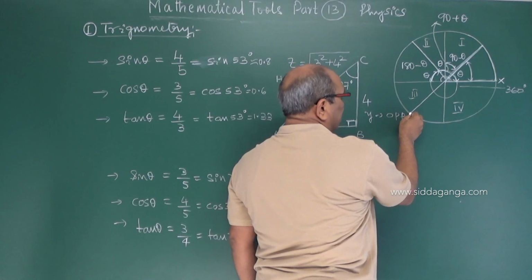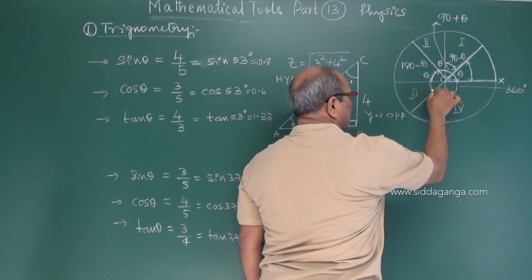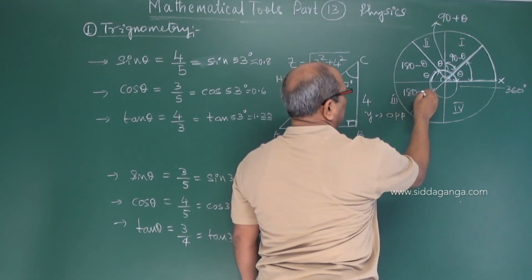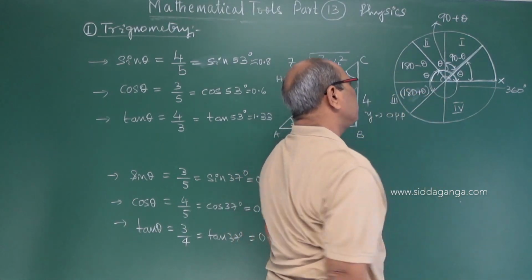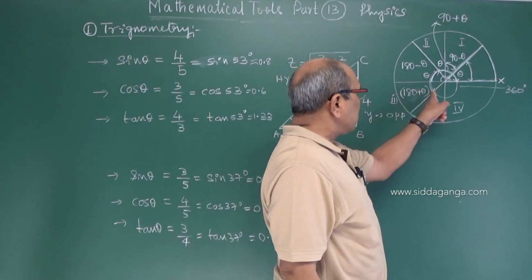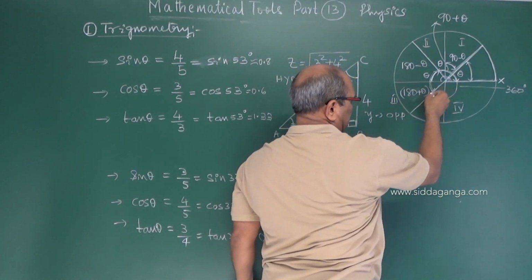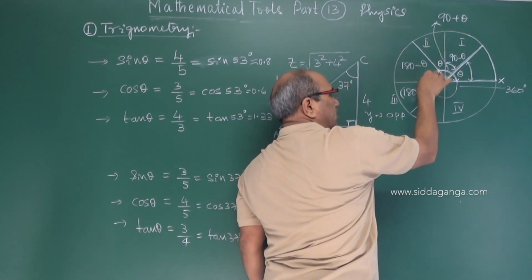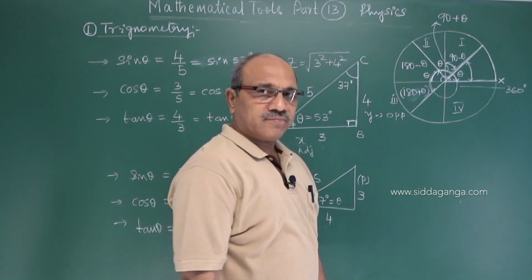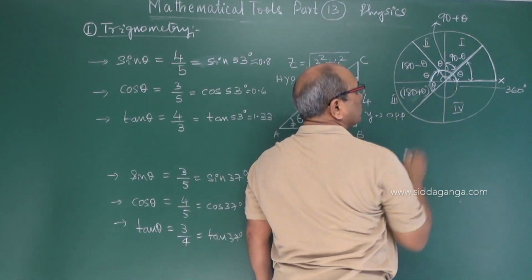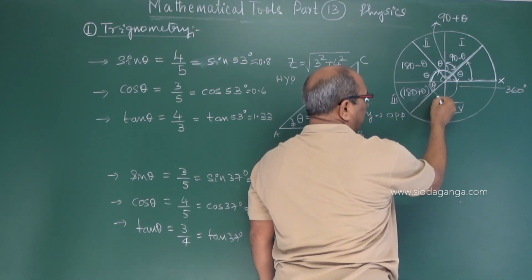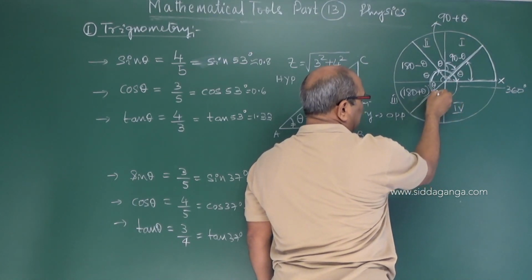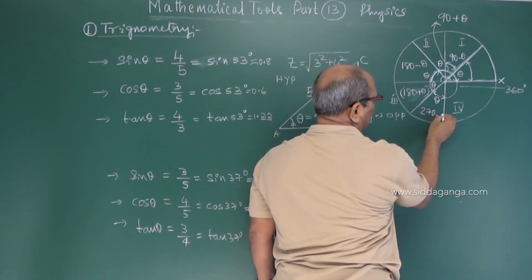Similarly, if I take here, the total angle from here to here, you can write it as 180 plus theta, 180 degrees plus theta with respect to the x-axis. From here to here, 90 plus 90, 180 plus theta. Similarly, it is 270. If I call this theta, then the total angle up to here, deducting this, I can write 270 minus theta.